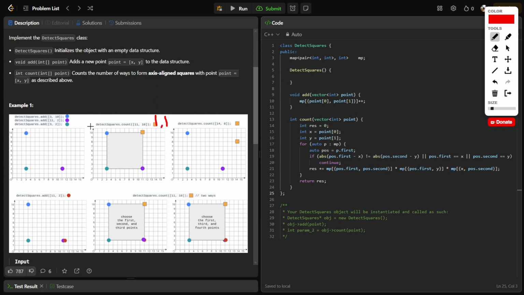Step 2 is we just need to find out whether these 2 other points exist.